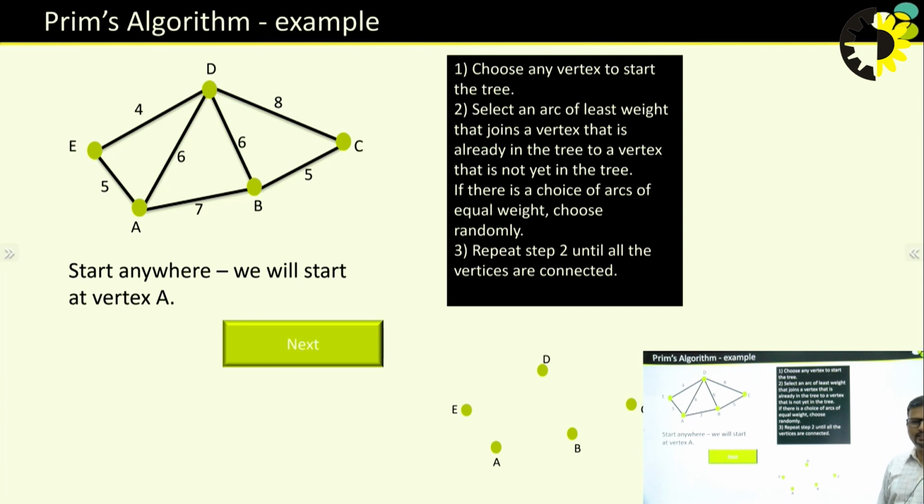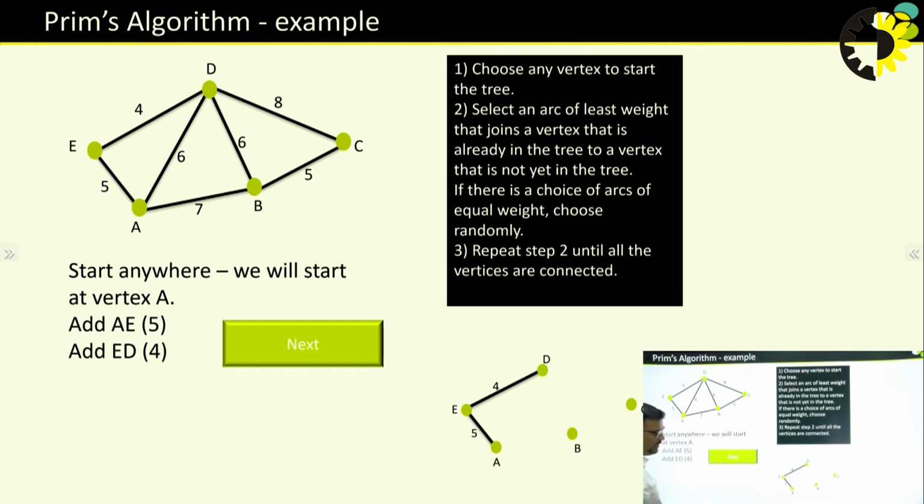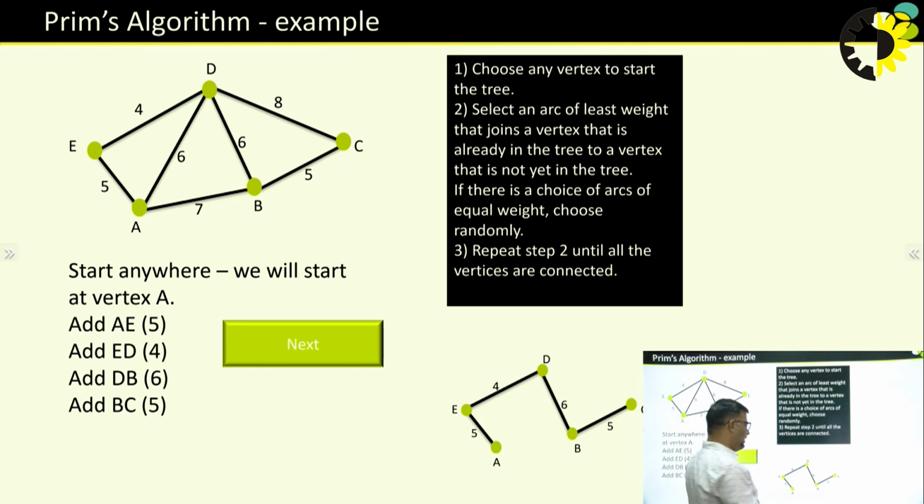We will start at vertex A. First, add AE, then add ED, which is 4, then add DB, the value of DB is 6, then add BC, which is 5. The total is 5, 4, 6, 5, which is 20 weight.